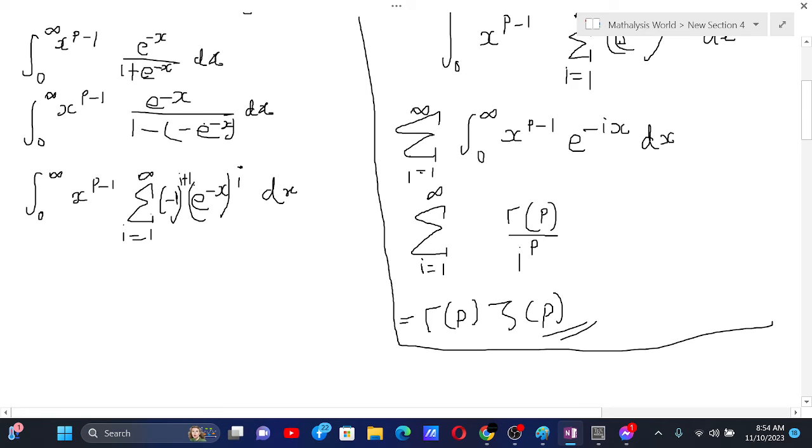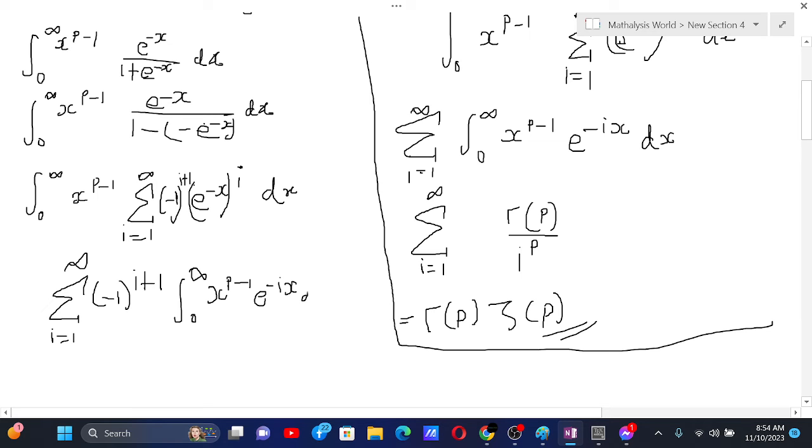Now we can bring this in, and we get the summation from i equals 1 to infinity, and then the integral. You can take the sign factor out of course since it's unrelated to x, and the integral from 0 to infinity of x to the power p minus 1 e to the power minus ix.